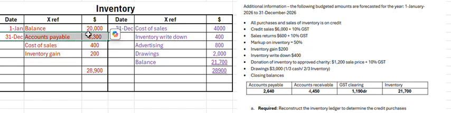That's the figure that we were trying to determine. And then, just to be thorough, we would carry forward our closing balance, which is 21,700, as it said in the question. We'd carry that forward to the next period, 1st of Jan 27. Just to highlight that we have a debit balance for our balance sheet.